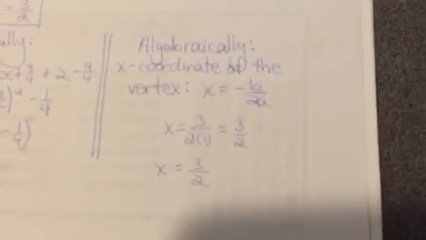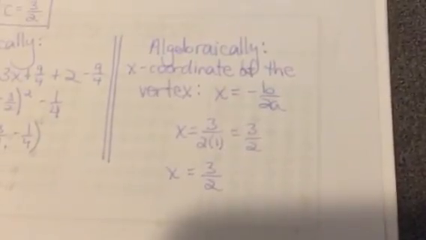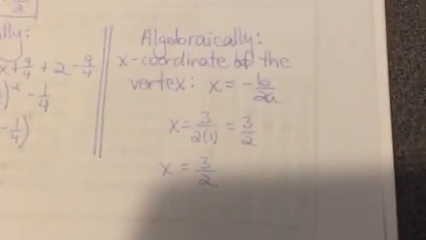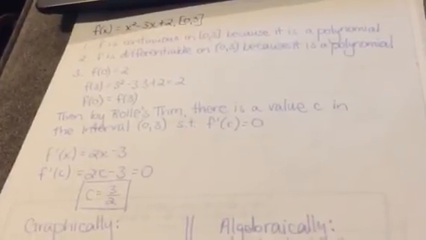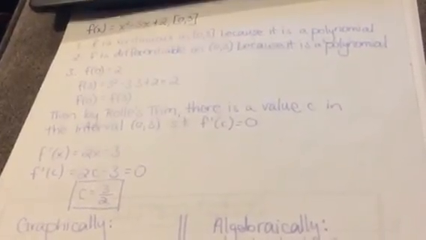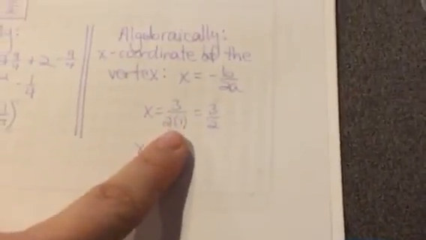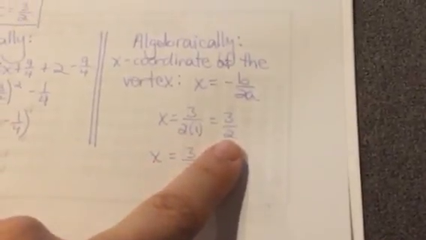Algebraically, if you can remember the formula for the x coordinate of the vertex, x equals negative b over 2a, then going back way up there, your b is negative 3 and your a is 1. Remember, ax squared plus bx plus c. So negative negative 3 over 2 times the a. 2 times 1 is 2, so 3 over 2.